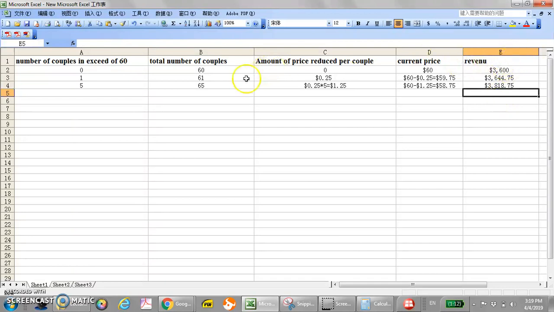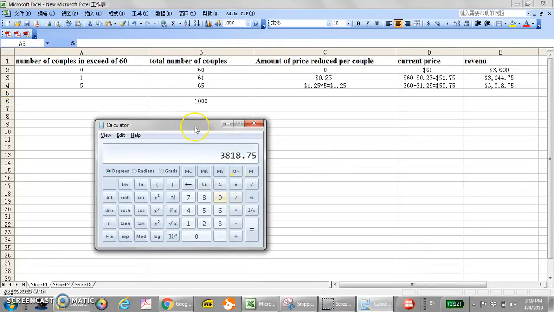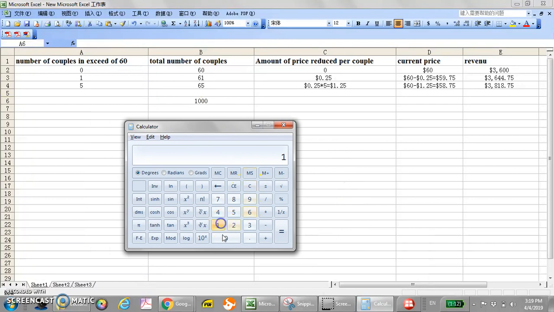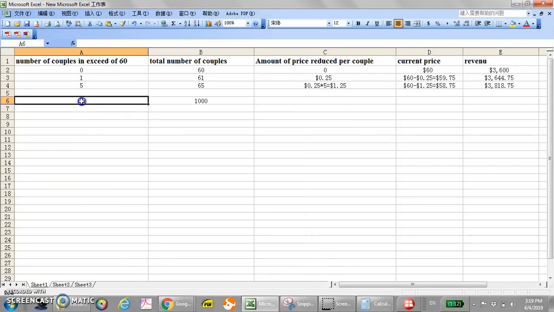Now, so far, it seems that the more couples coming to the dinner, the higher the revenue is, right? However, this is not true. For example, let's say there are 1,000 couples coming to the event. The difference between 1,000 and 60 is 940 couples more than 60.